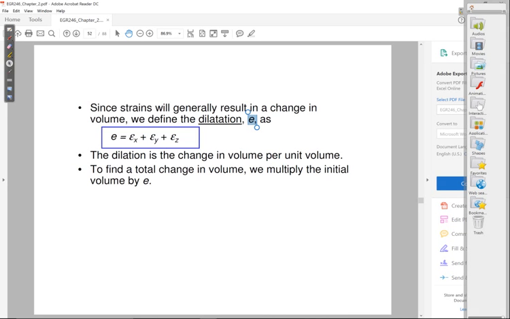You simply take the sum of your three strains, epsilon x, epsilon y, and epsilon z. Okay? And what that dilatation happens to be is the change in volume per unit volume. That means if you take e and multiply by your original volume, you're going to get the change in the volume of your part. That makes it much easier.